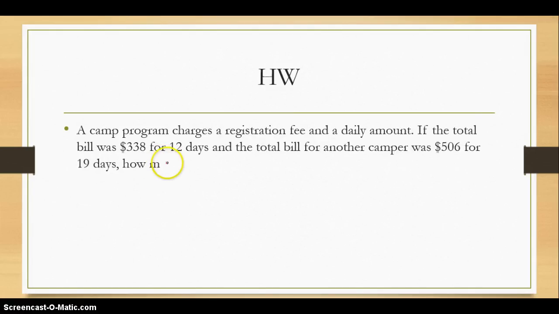So this should be: how much would it cost for 15 days? So think about two ordered pairs that you can get from the information that was given to you.